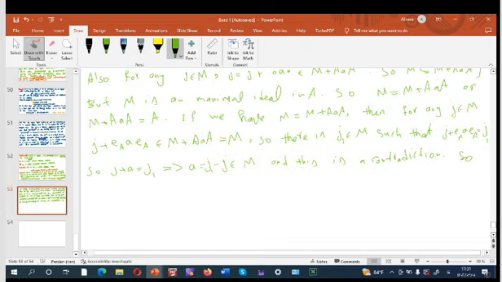So the equality M equal to this ideal does not hold, therefore we must have this case: M plus this ideal must be equal to the whole of A.